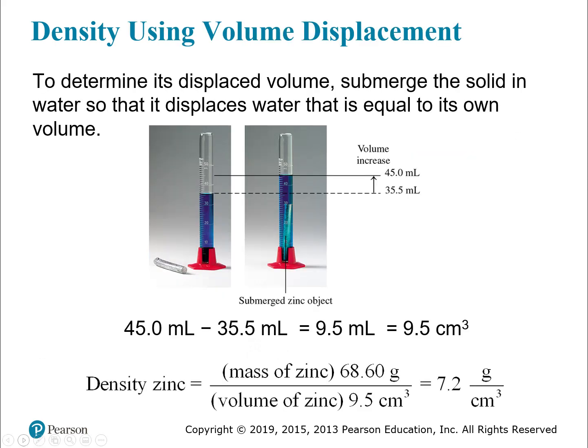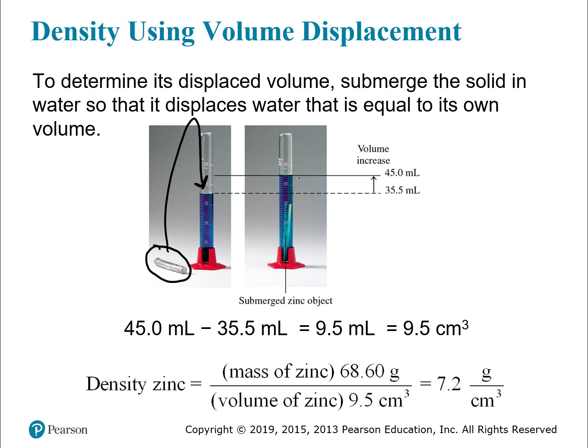So to determine the volume, you're going to take, in this case, our example is this zinc here, and you're going to have some water or some other liquid that you can displace. So you're going to take the zinc, put it into the graduated cylinder. Notice that the water level rose. So before you had the zinc in there, it was 35.5.